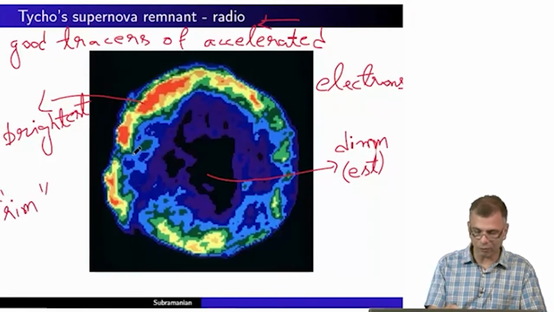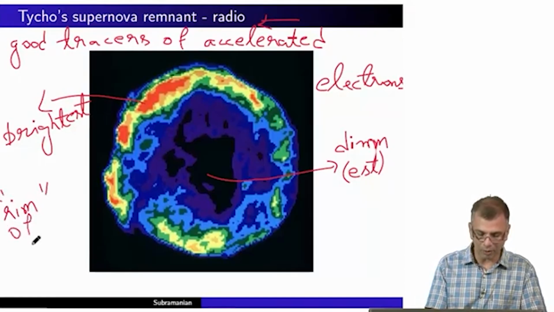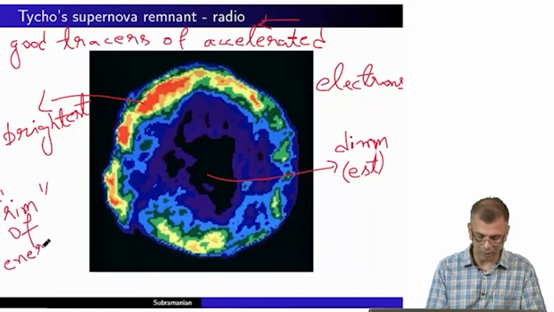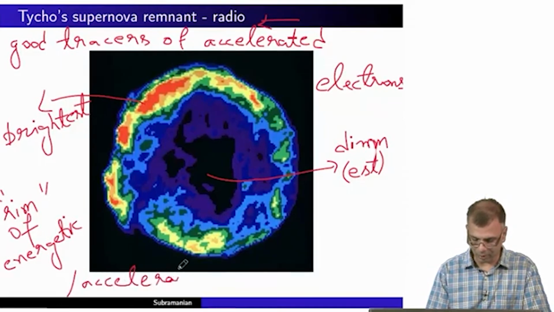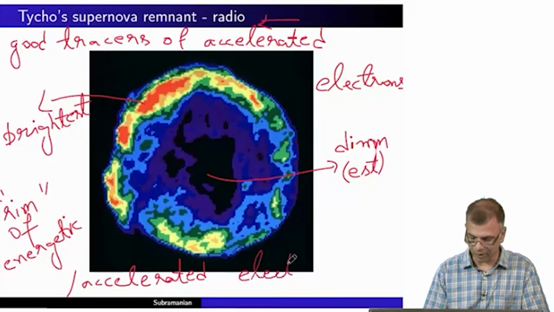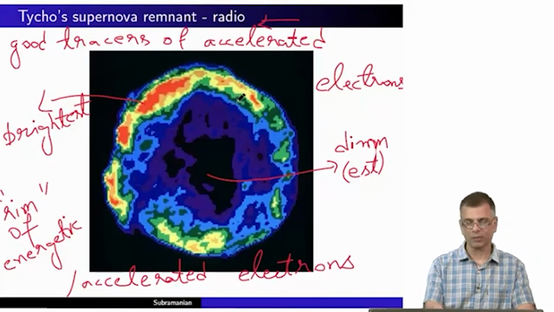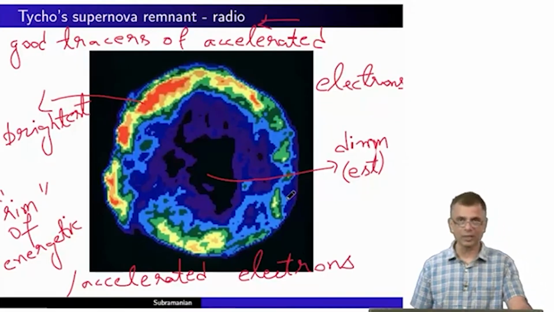This kind of a rim of energetic or accelerated electrons. That's what this picture is essentially telling you. There's a rim of accelerated electrons.